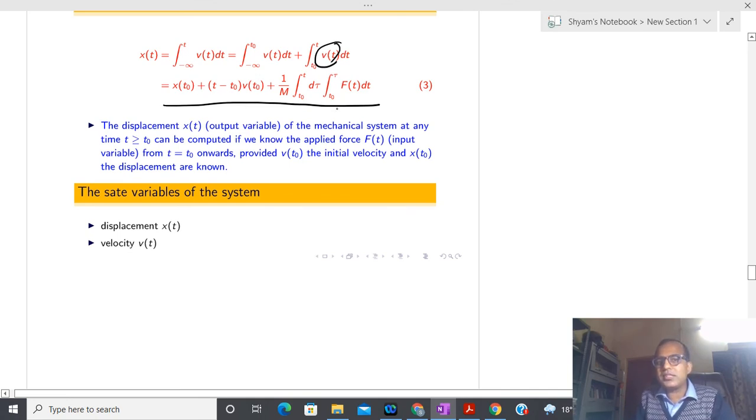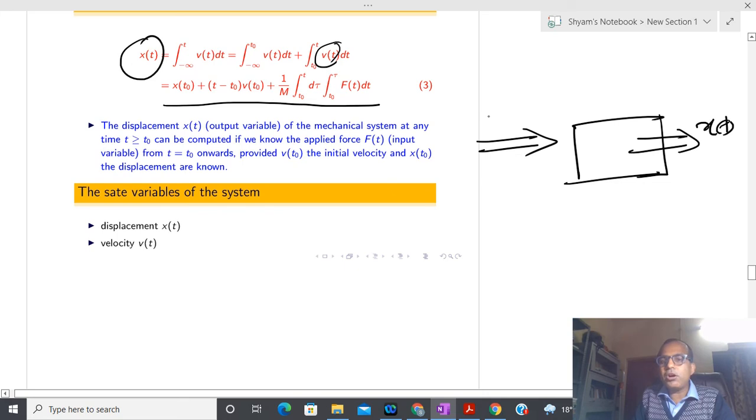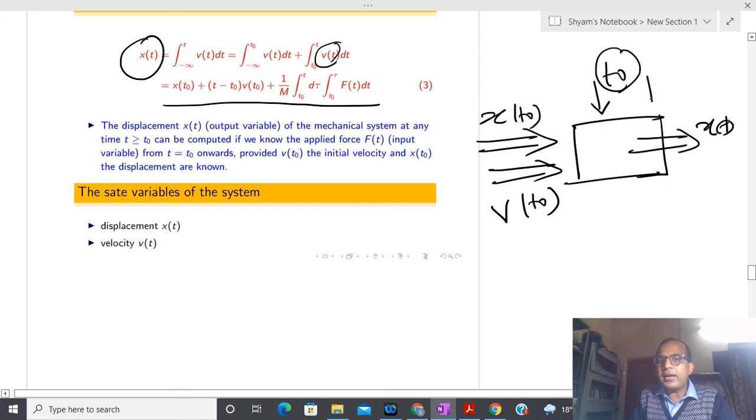So in this whole system, whenever I have a block, what kind of information is required to predict the future information x(t)? I have to give the information of x(t0), I have to give the information of V(t0). I always have some kind of clock associated with that, so this is our clock, and after that I have to know the forcing function.